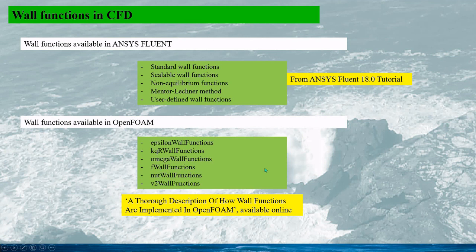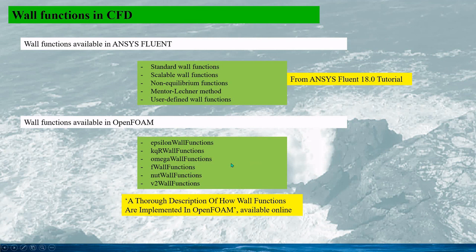In OpenFOAM, the available wall functions include epsilon wall functions, kqR wall functions, omega wall functions, f wall functions, nut wall functions, and v2 wall functions.